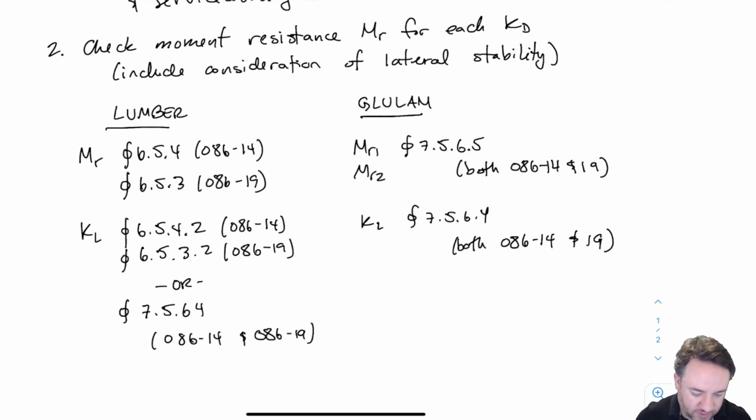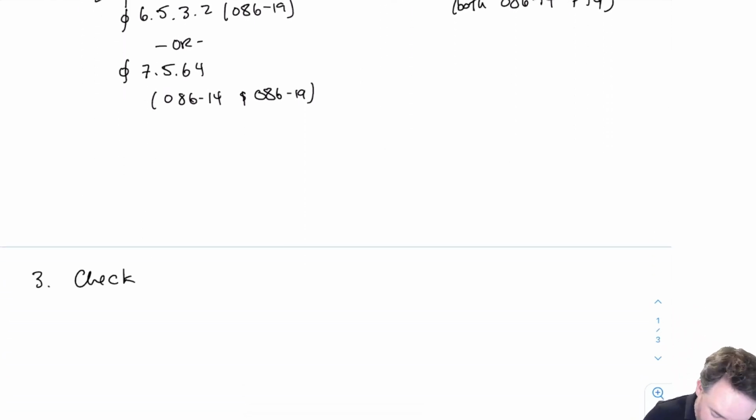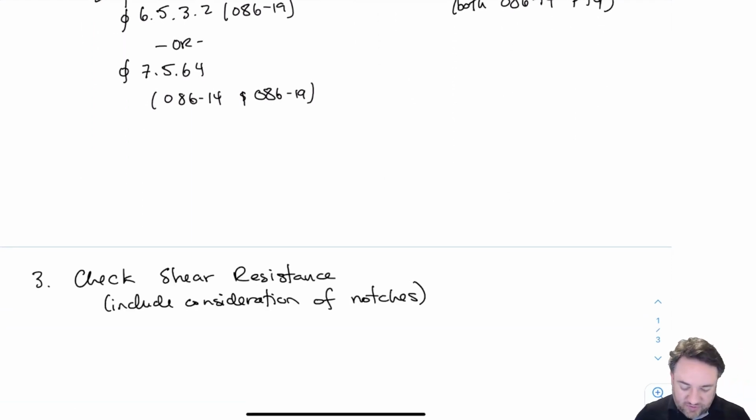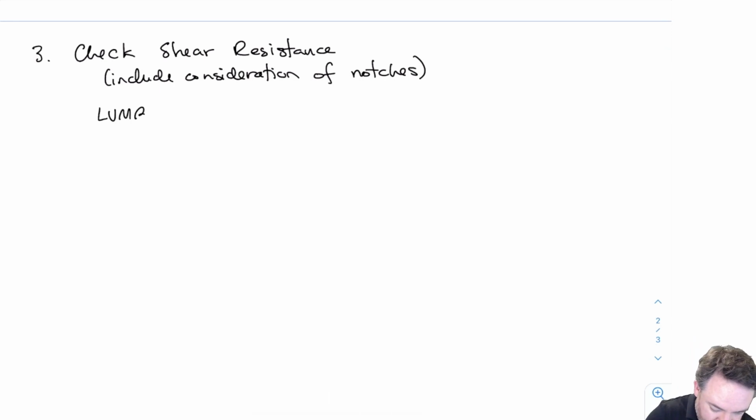So pretty straightforward. Okay, moving on to shear resistance. I have a number of different things that I need to check for shear, including my longitudinal shear resistance and my notch shear resistance. And so this is going to be a little bit complicated, but we're going to map it all out, all in one place for lumber and for glulam.